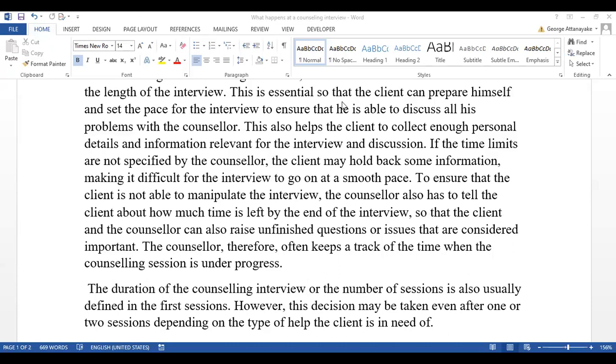Most probably in the first session, they can figure out how long the sessions should go, like 1 month or 2 months, and they can have some mutual understanding and decide according to their problem and the solution they want.